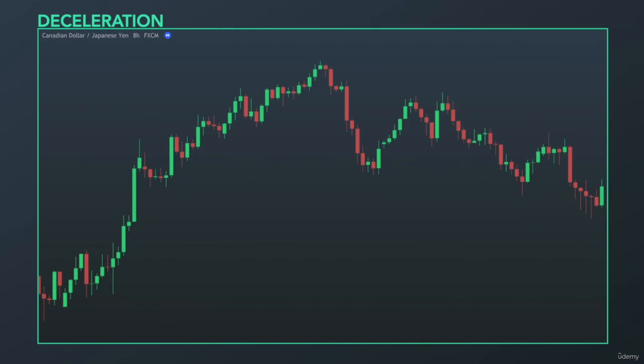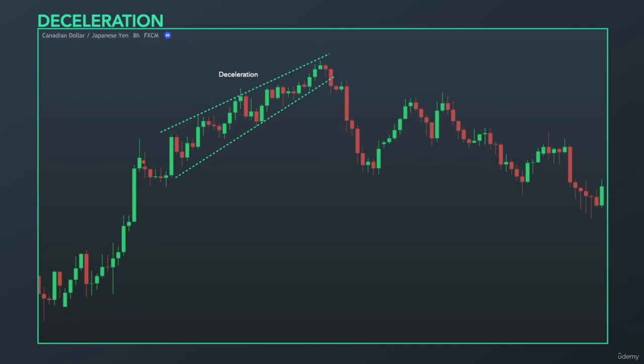Another example, Canadian dollar, Japanese yen. So a very aggressive move to the upside with momentum. So this is our acceleration. And then after that acceleration, price decelerates.